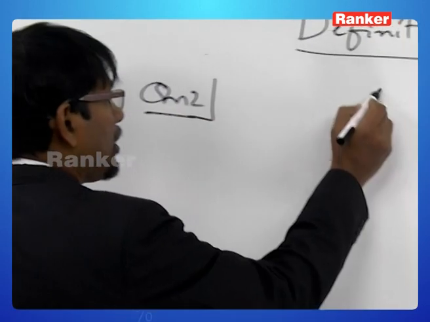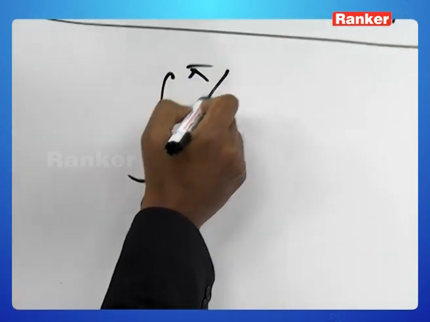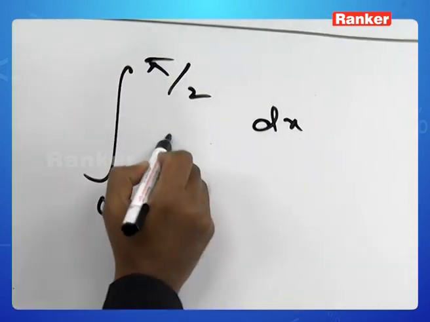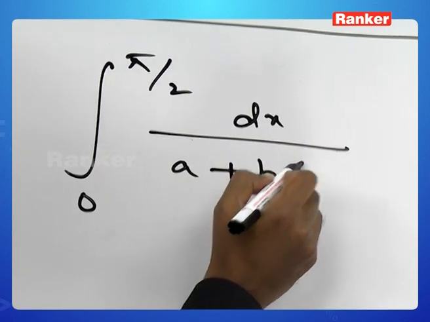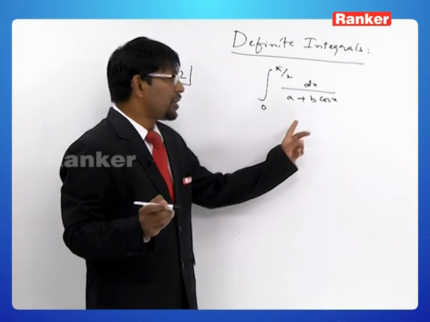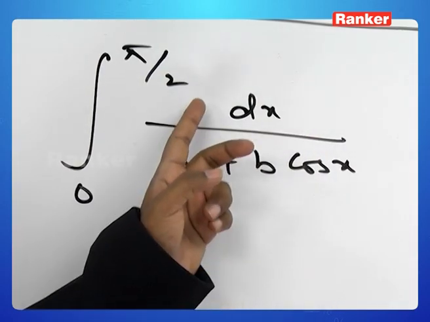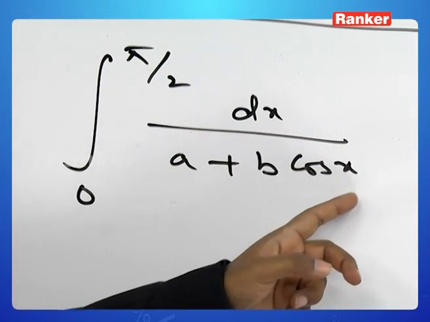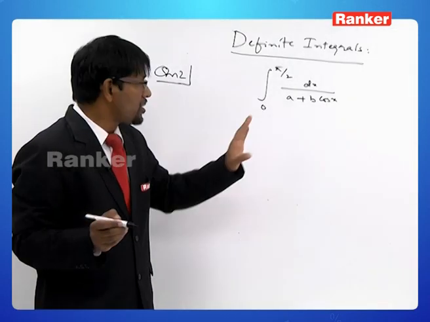So, let us look at the question. Integral 0 to pi by 2 dx upon a plus b cos x. Now, this is a standard type of integral wherein you have a rational function of sine and cos terms.